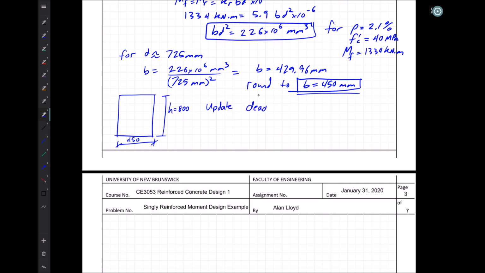So now if we update our loads, our dead load, and our corresponding live load, we can say that our dead load for self weight is now going to be slightly different than it was before. 0.45 times 0.8 times 9.81 meters per second squared times 2400 kilograms per cubic meter times 10 to the minus 3 as a unit conversion to get us to kilonewtons per meter rather than newtons per meter.